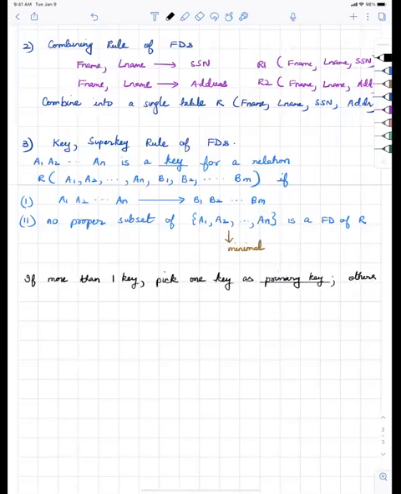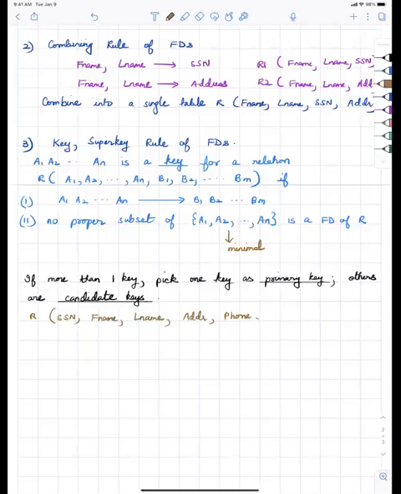So all the others are candidate keys. So again, the social security one is a good example. Suppose we have SSN, first name, last name. So we have this relation R, say address, phone, and DNO.